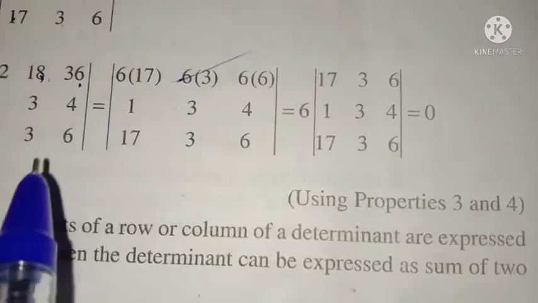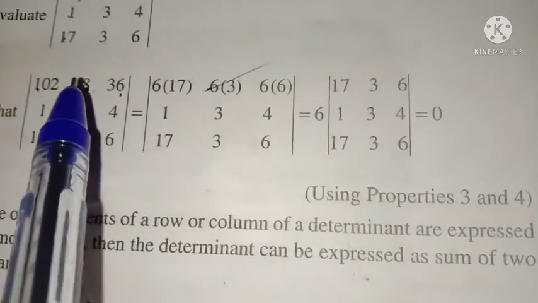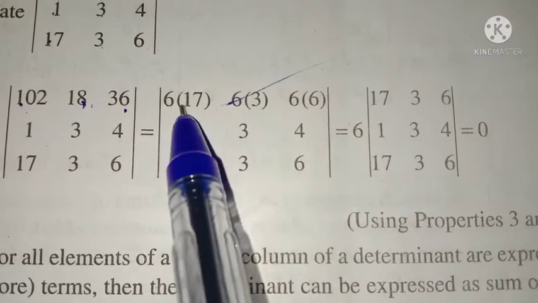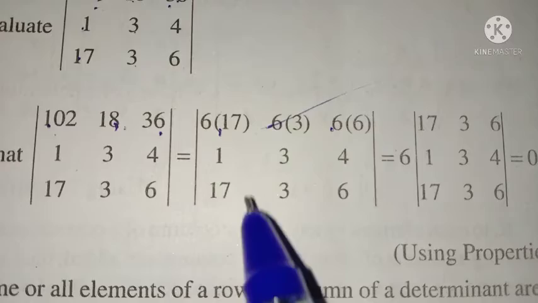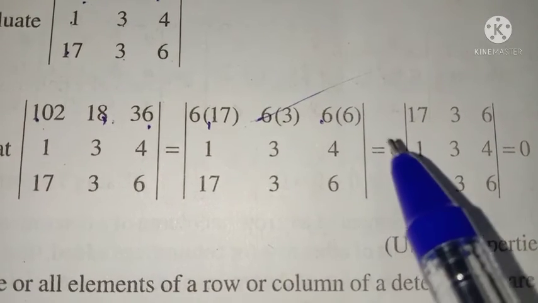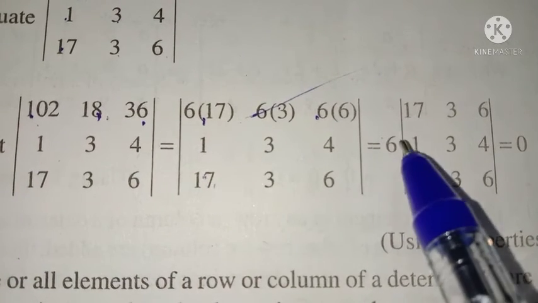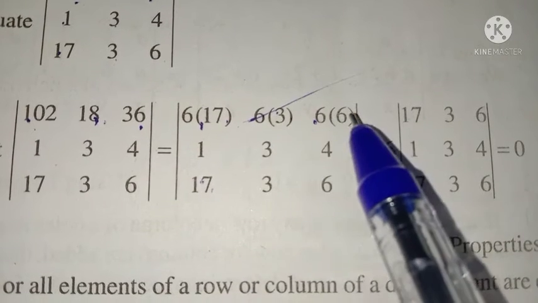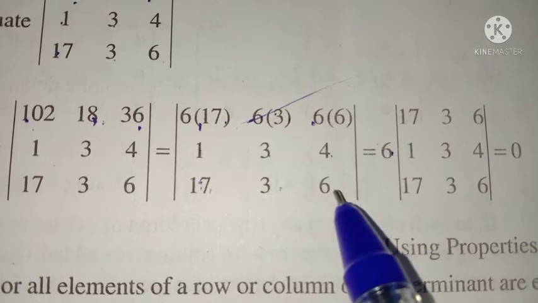That means each element of this row can be written as a multiple of 6. So the value of this determinant is the same as 6 into, taking the constant outside, the determinant 17, 3, 6, 1, 3, 4, 17, 3, 6.